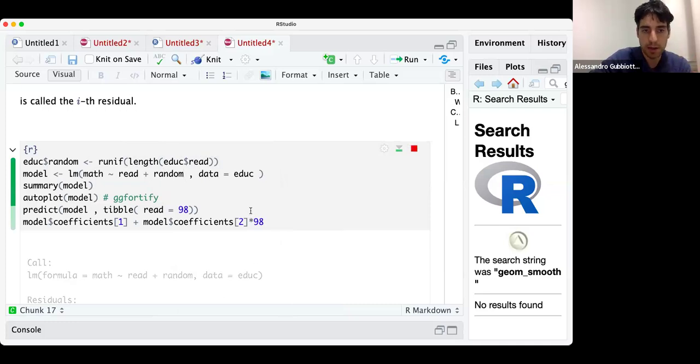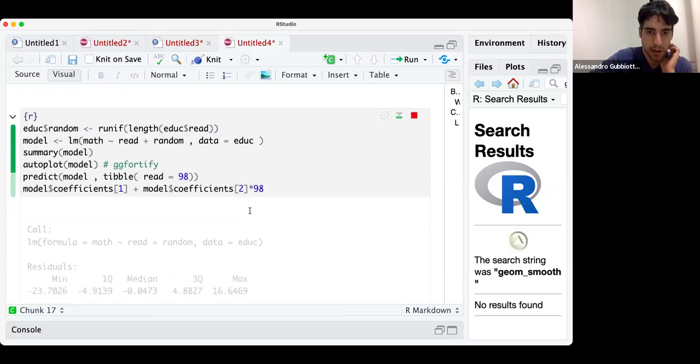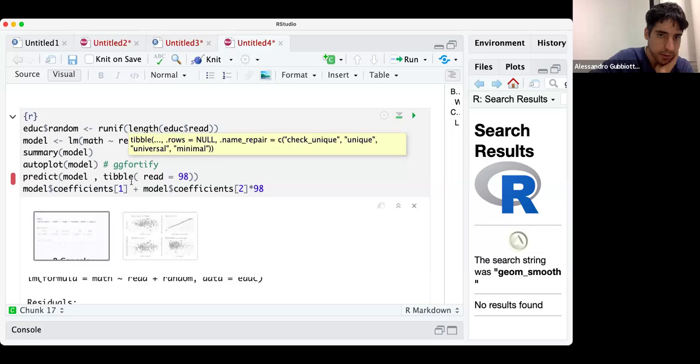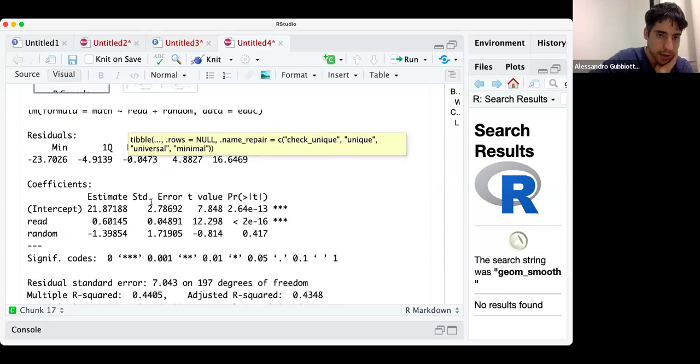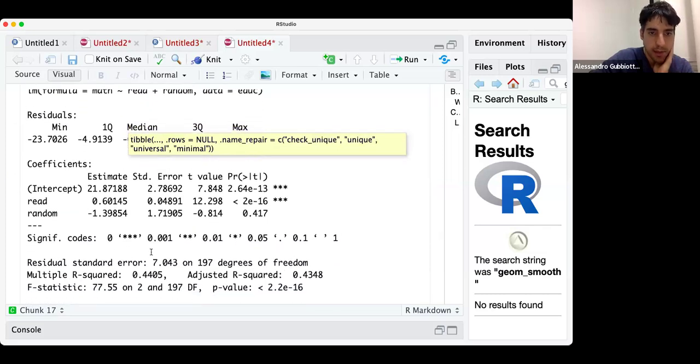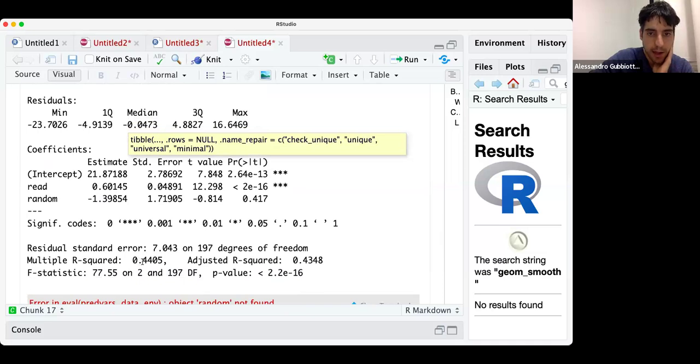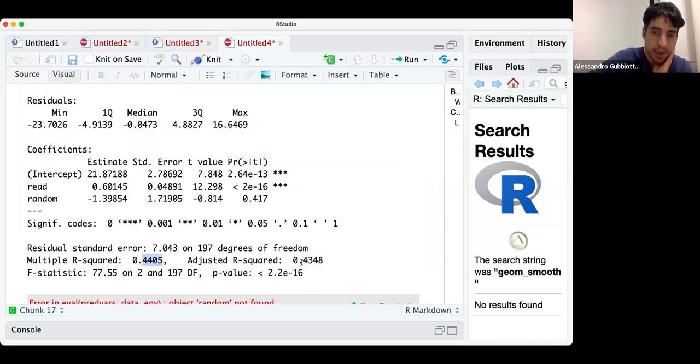This is not a bivariate regression, but a multivariate regression. We will see it later. Now, you see, the multiple R squared has increased. The adjusted R squared has not, and that's a good thing because I'm adding noise.